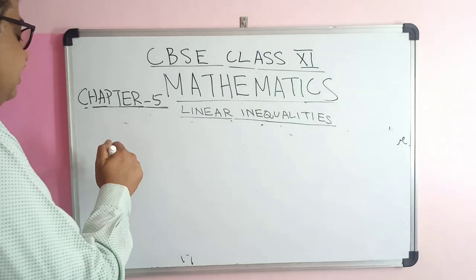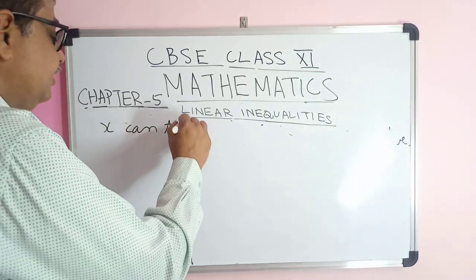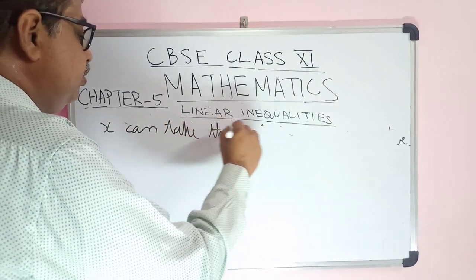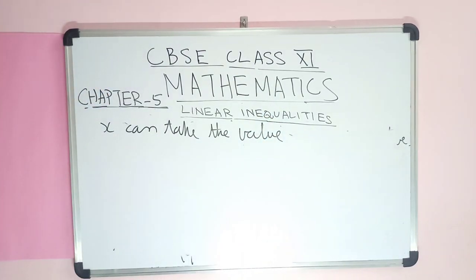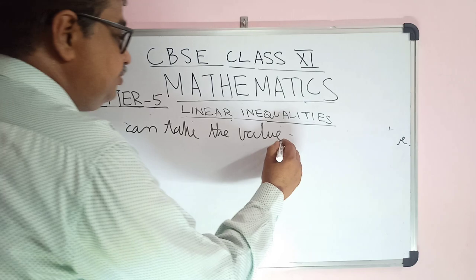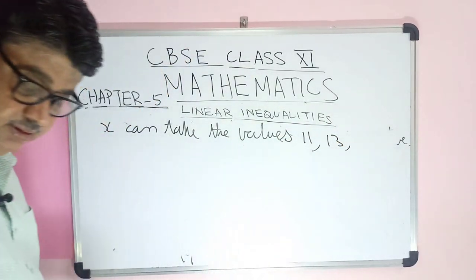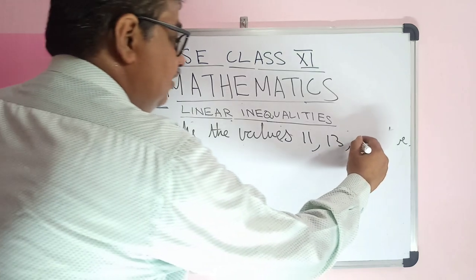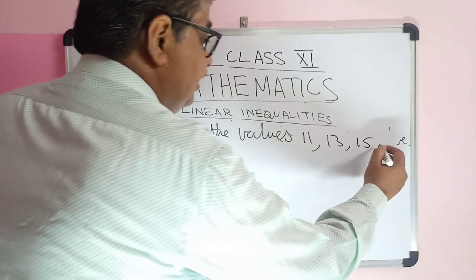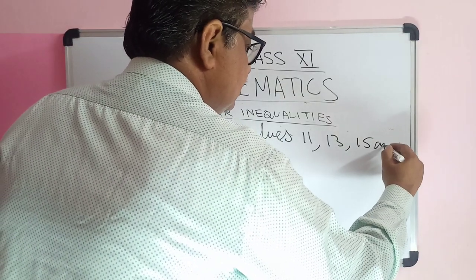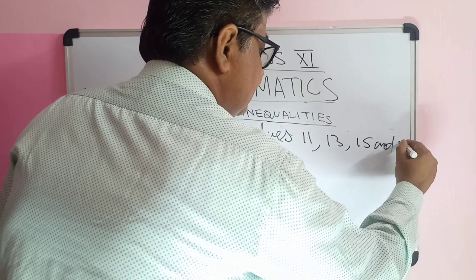So x can take the values 11, 13, 15 and 17, because x is less than 19.